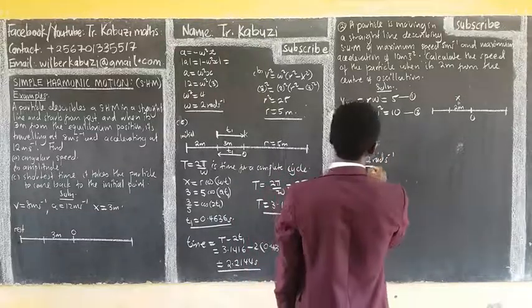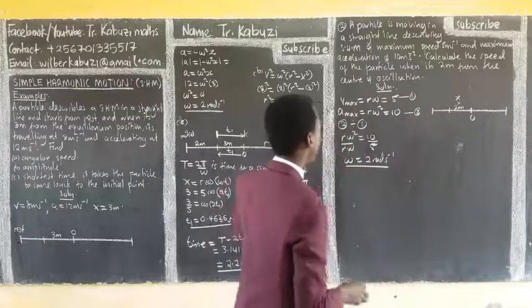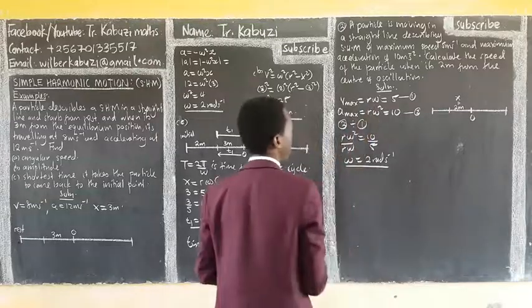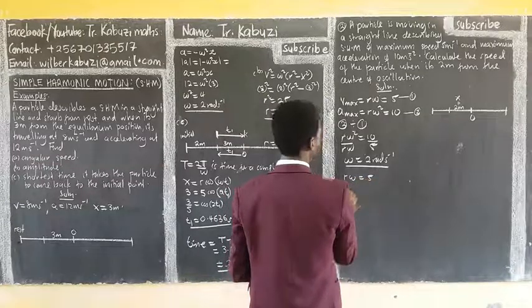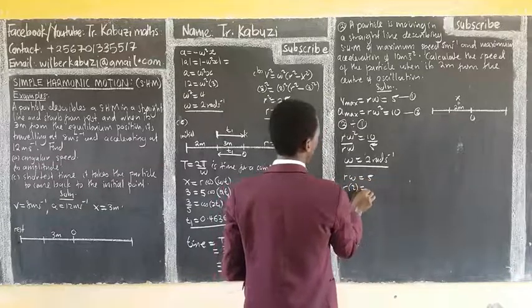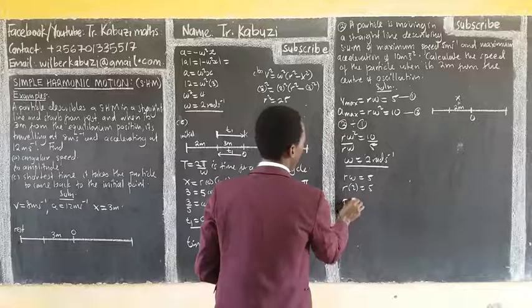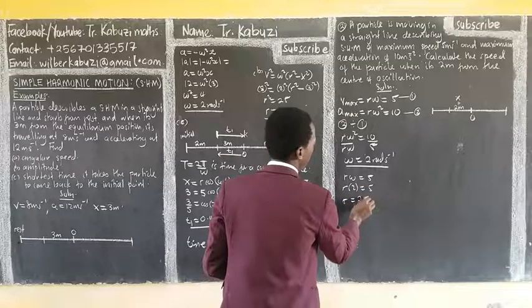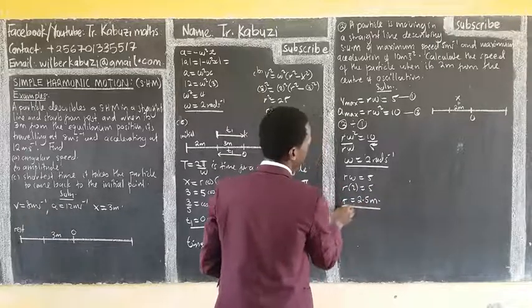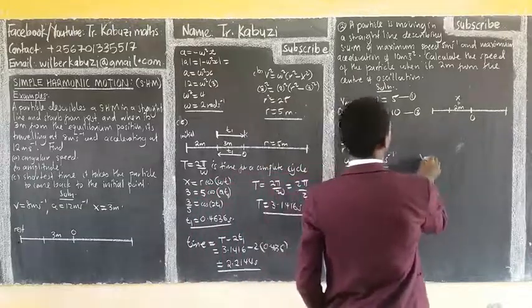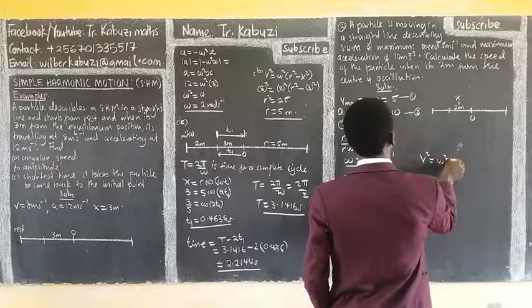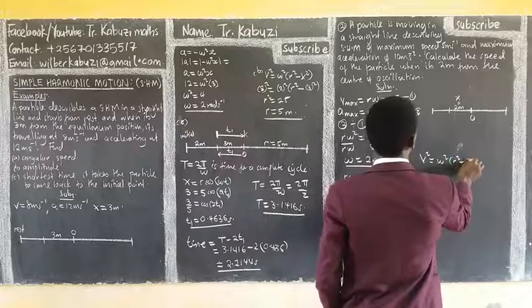Now if you have this, you can easily get our amplitude. So my R times 2 is equal to 5, implying that our amplitude is 2.5 meters. So I have the amplitude. Now I can easily get the velocity. My v squared equals omega squared times R squared minus x squared.